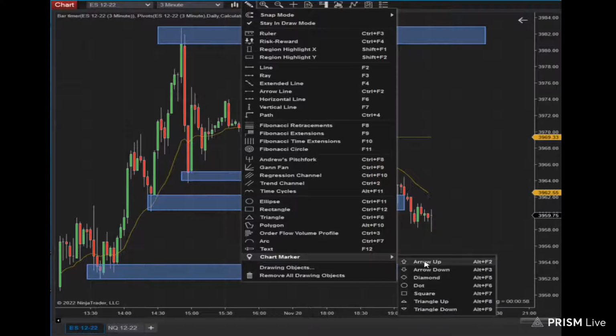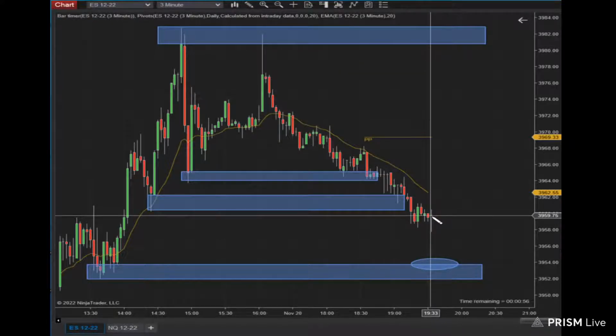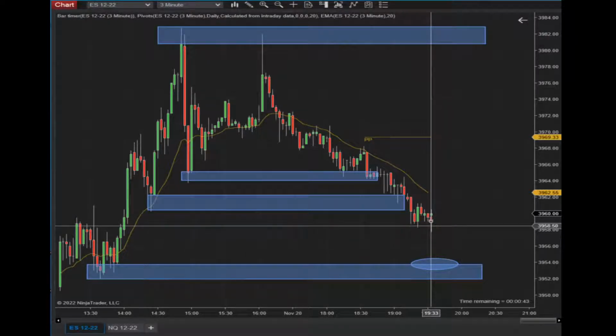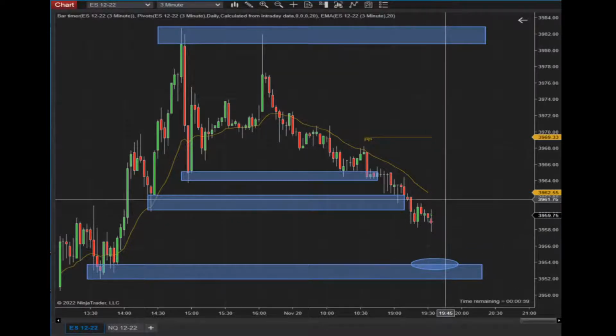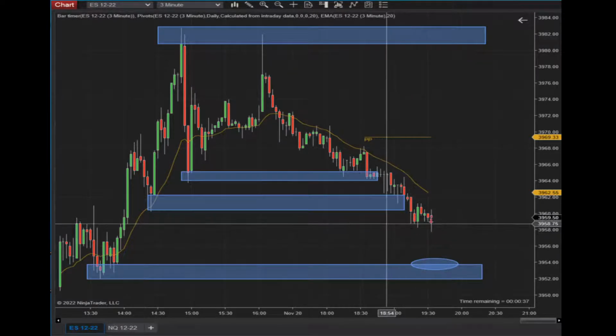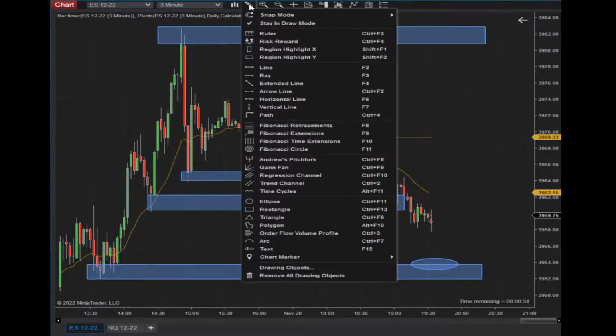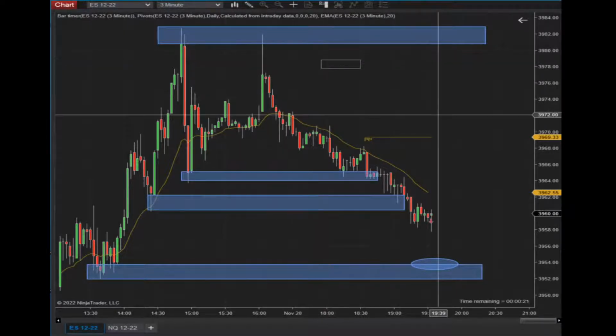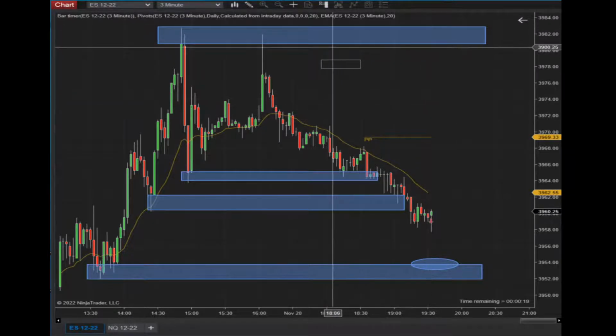Let's see. So we got short right here. And that's where we got stopped out. So let's put a note in here. Text. Where are you? This is 1933.